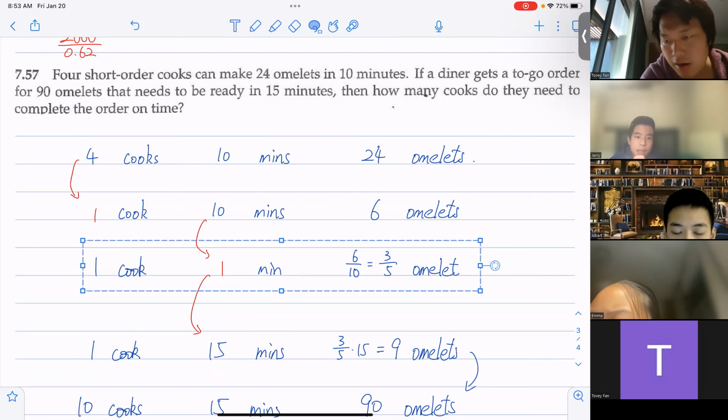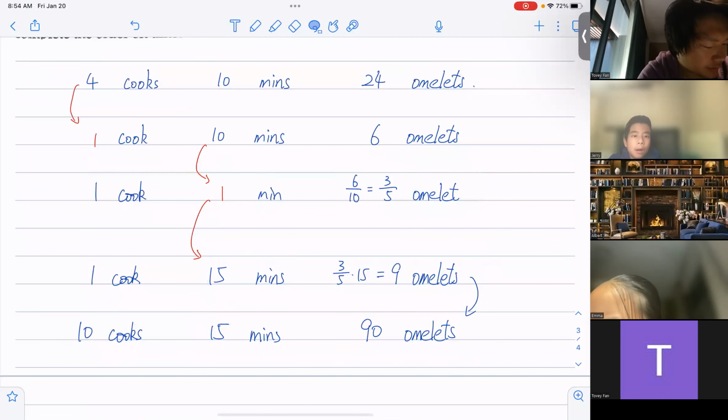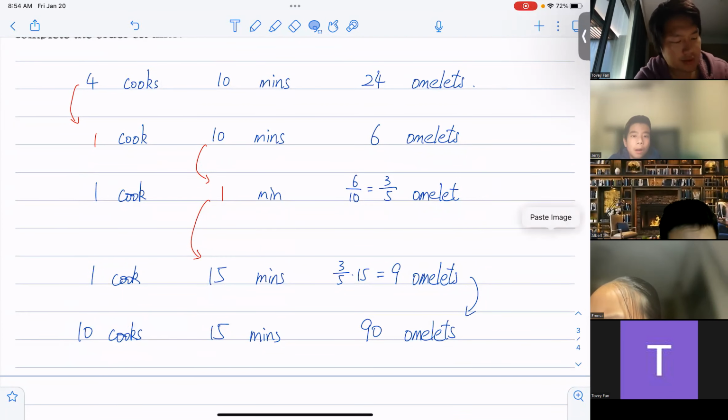Sometimes the unit of time is not minute. It could be hour, it could be day, right? We just need to figure out one person in one unit of time, 1 minute, 1 hour, one day, and how much work they can do, they can finish, they can produce. And then based on the question, you will have different time or different number of people, and then you can figure out how much work they can finish.